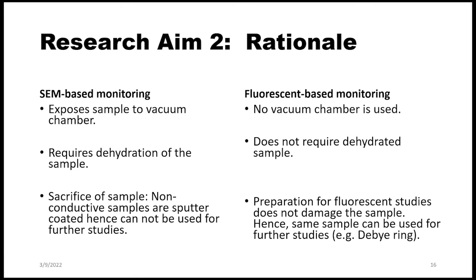Because traditionally it's done with the AFM microscope, where the image requires us to process the sample for a vacuum chamber, requires a dehydrated sample and a sputter-coating technique. So after those processing steps, we cannot use the sample for further studies. So we want to use fluorescent-based monitoring, so we can use the sample for further studies, for example, for diffraction analysis.